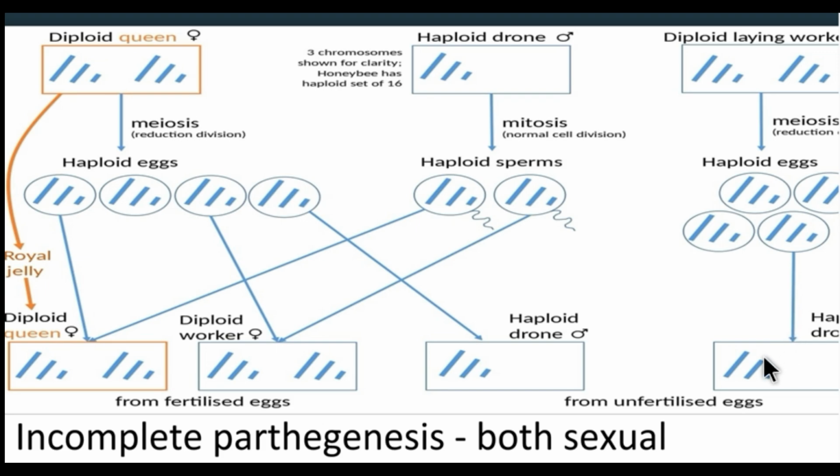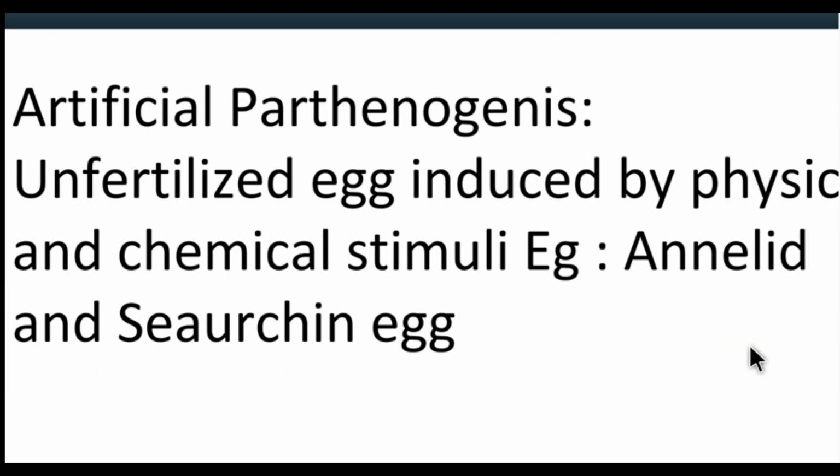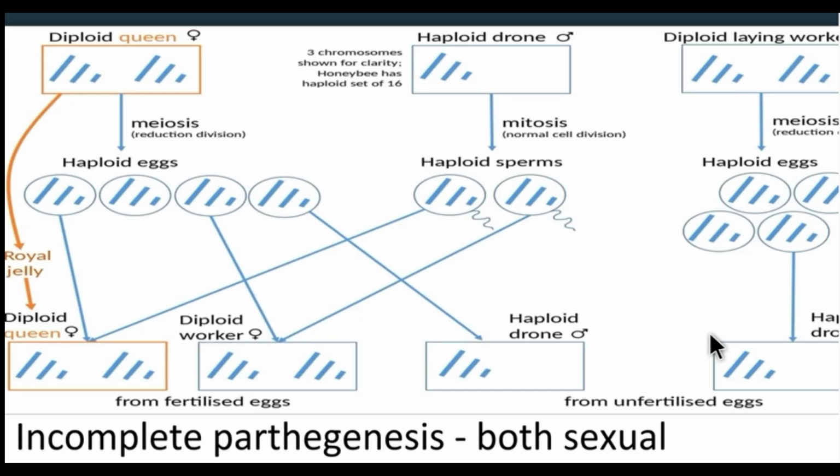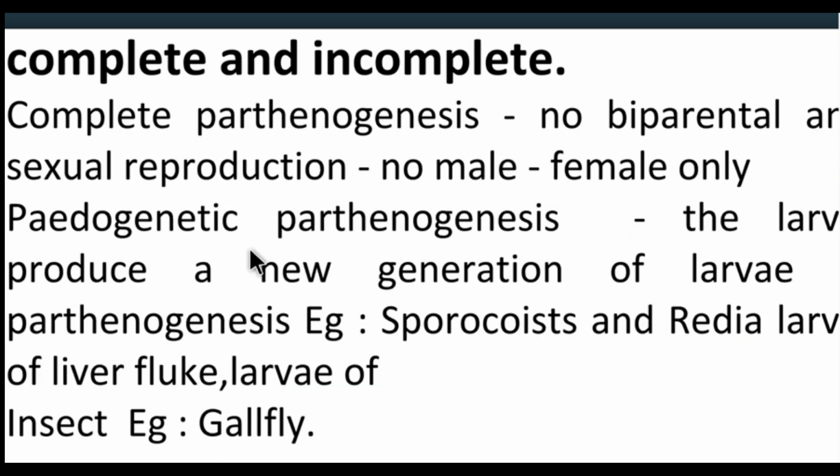The next type is pedogenetic parthenogenesis. Here, some larvae produce a new generation of larvae by parthenogenesis. Who is a larva?